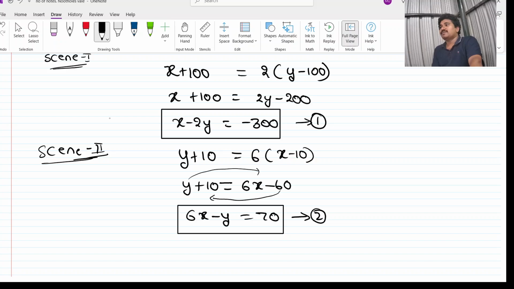Now, we have to solve these two. Which method will you prefer, substitution or elimination?